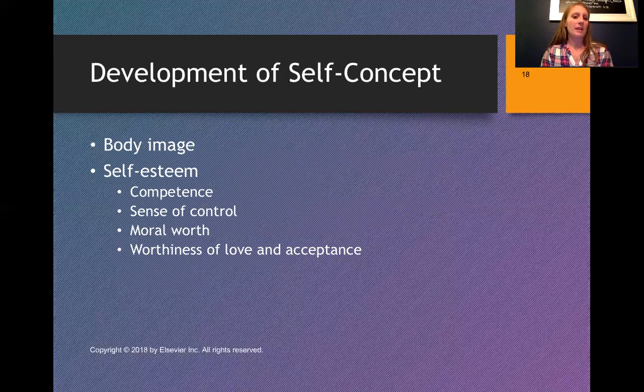Self-esteem, though, is made up of more than just body image. We're going to look at their competence and how the individual feels competent in the tasks that they need to achieve, what their sense of control of their environment is, and the moral worth. So what they are able to contribute, and whether they're able to maintain their potential, or their personal morality.